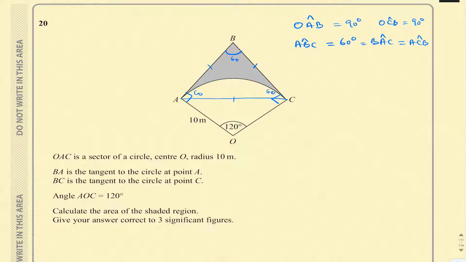So the best thing to do is to find AC. If we can find AC, we can then find the rest of the side.